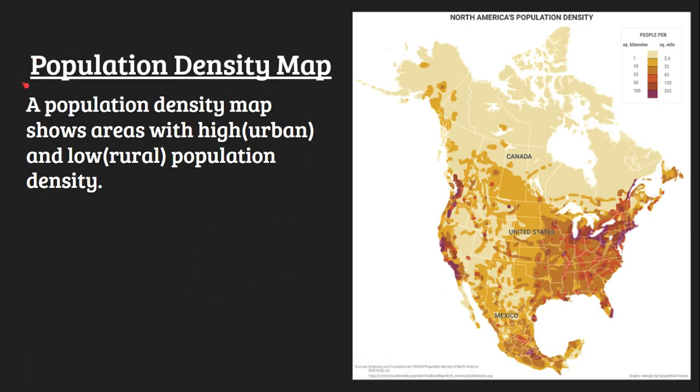And finally, another map you will need in order to master today's objective is the population density map. A population density map shows areas with high, or urban, and low, or rural, population density. Once again, the key is really important. For example, we notice that in Canada, there is low population density.